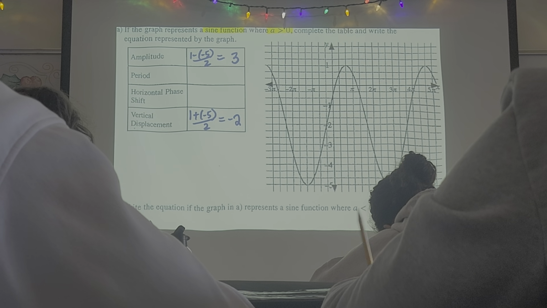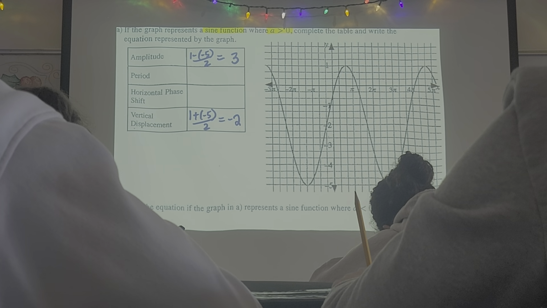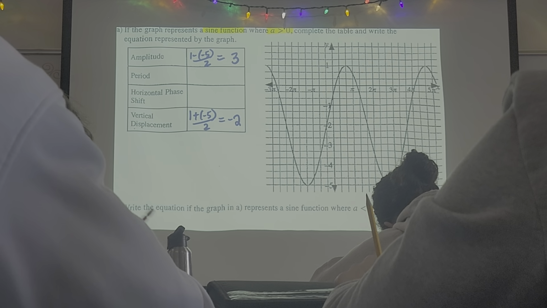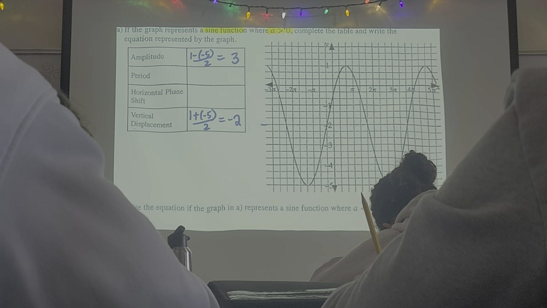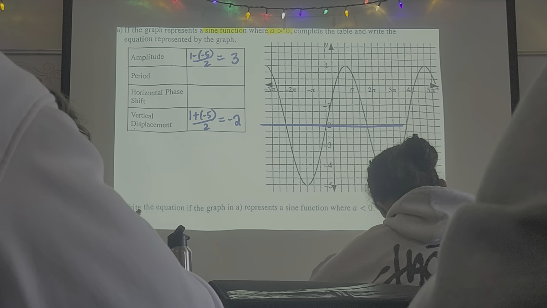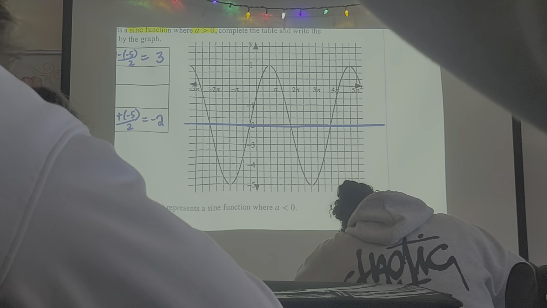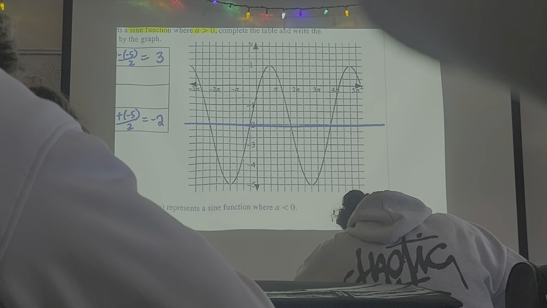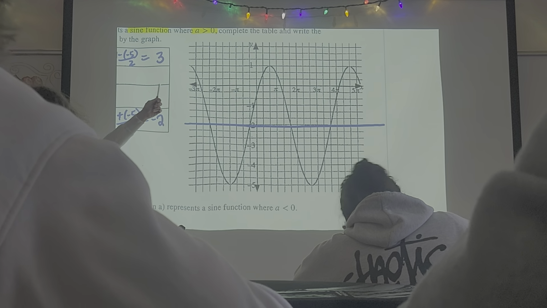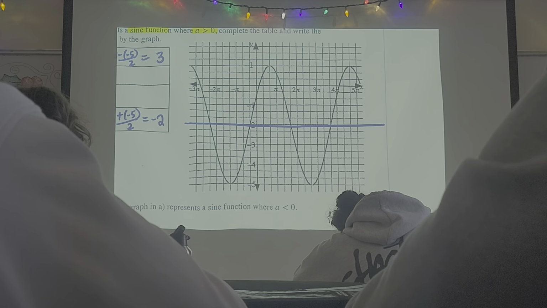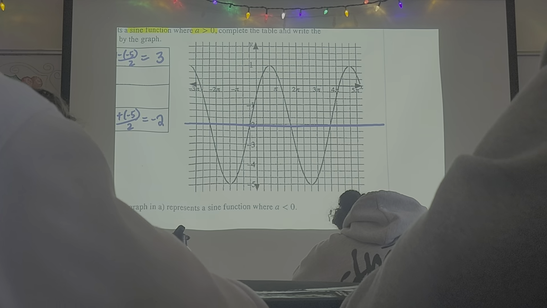Vertical displacement is your new cut-it-in-half middle line. So right here, negative 2. That's my new middle line. It used to be at the x-axis, but now it's moved down too.